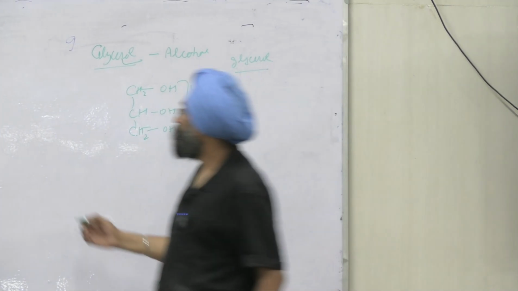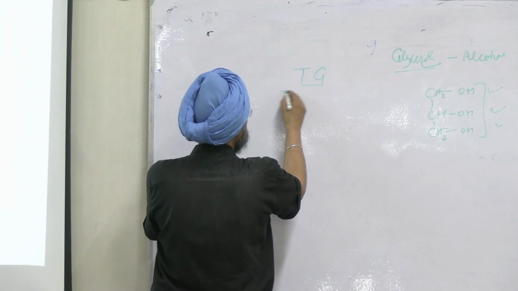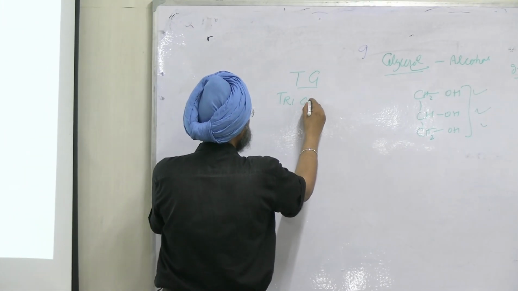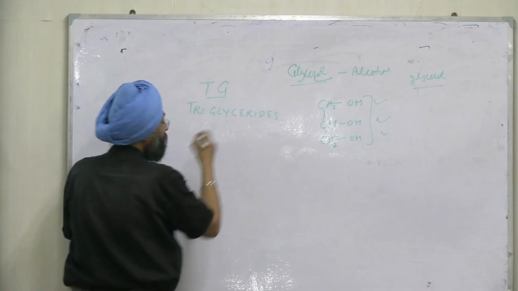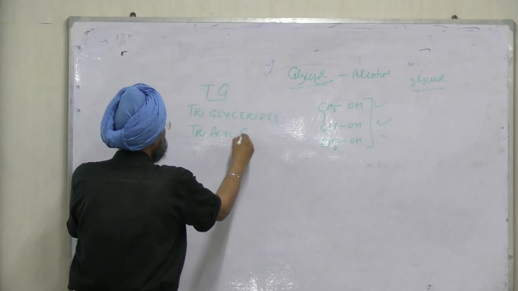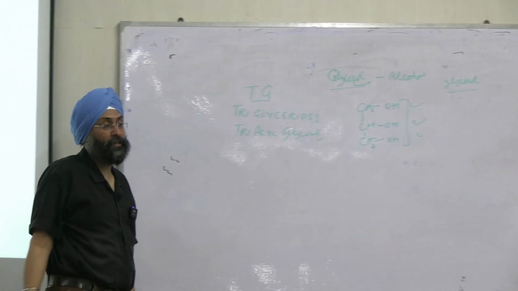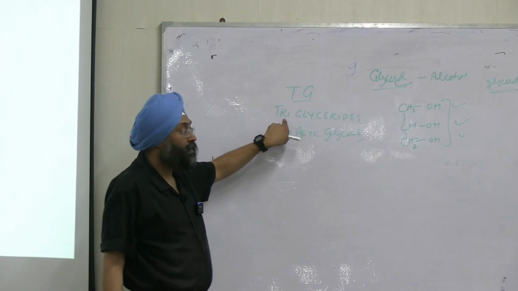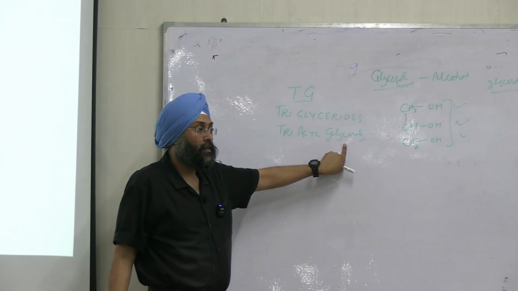And what are TGs? TGs or triglycerides. Any other name? Triacyl glycerol. What are they? Tri means 3 acyl groups with glycerol, right?